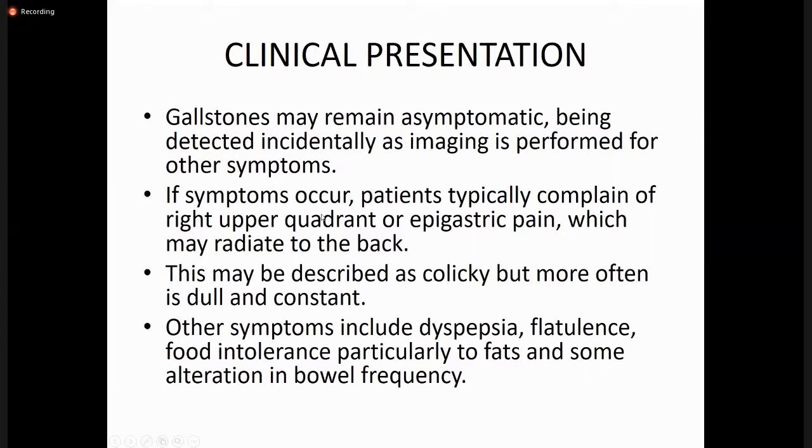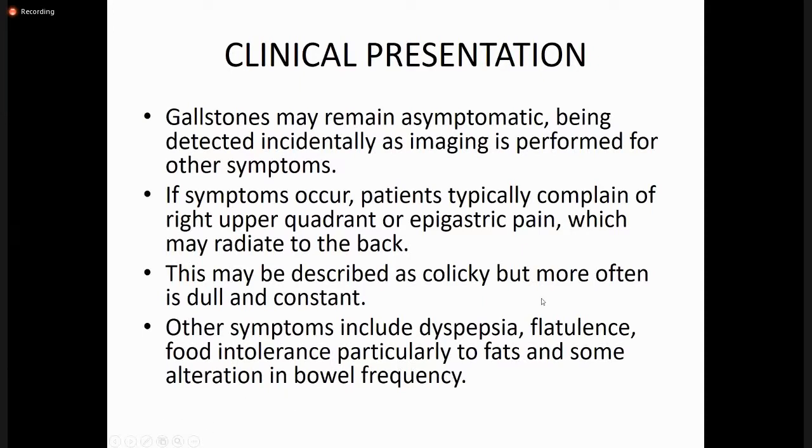If the symptoms occur, the patient typically complains of right upper quadrant or epigastric pain, which may radiate to the back. This may be described as colicky, but more often it is dull and constant. Other symptoms include dyspepsia, flatulence, food intolerance, particularly to fats, and some alteration in the bowel habits.